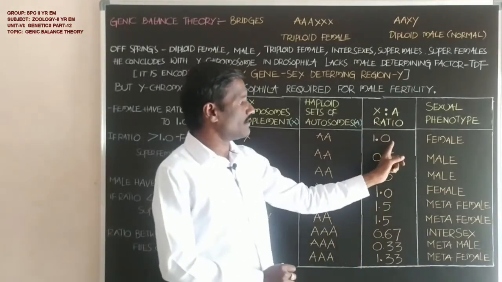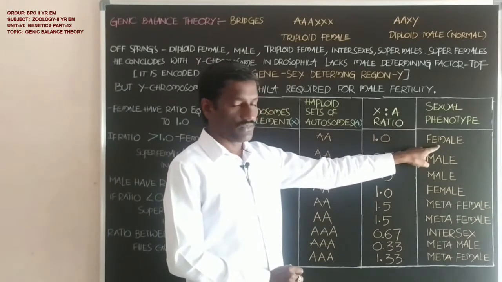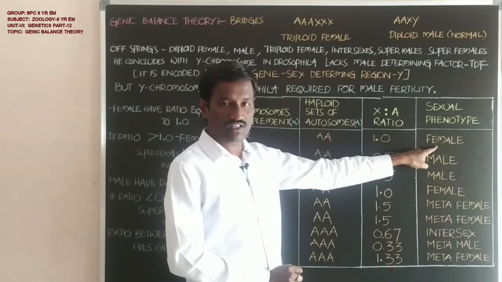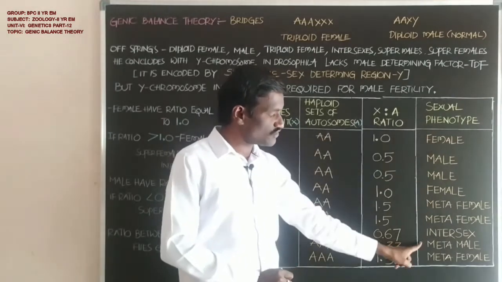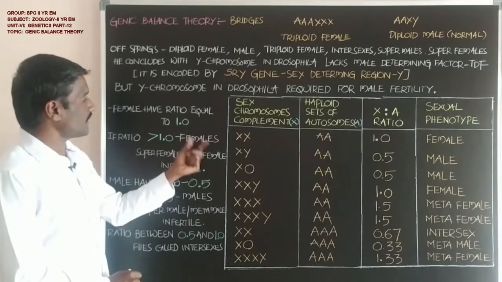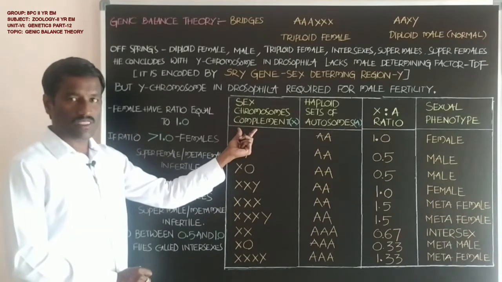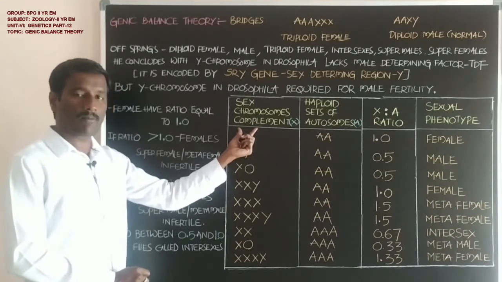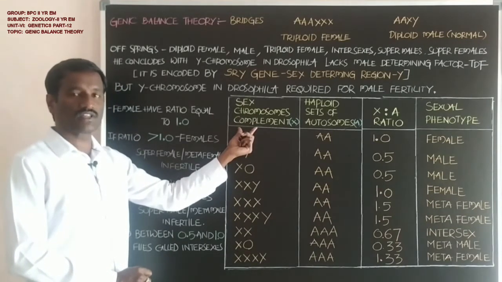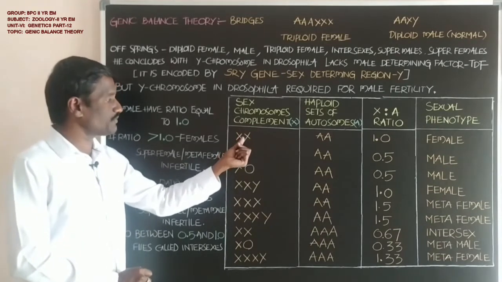According to the X by A ratio, we see which type of phenotype is present in the offspring. These are sexual phenotypes. Students, for example, the sex chromosome complement received by the zygote appears after the fertilization between the ovum and the egg cell.